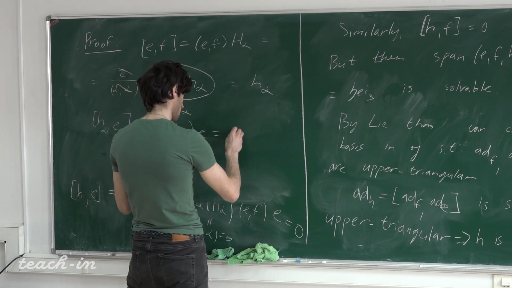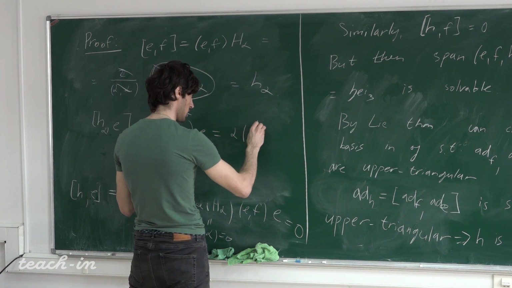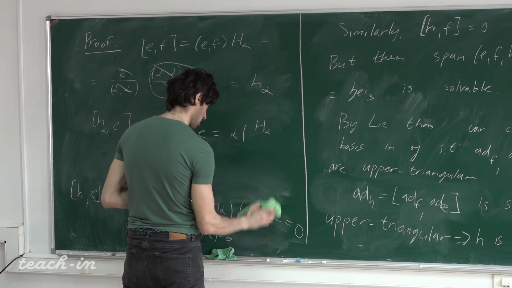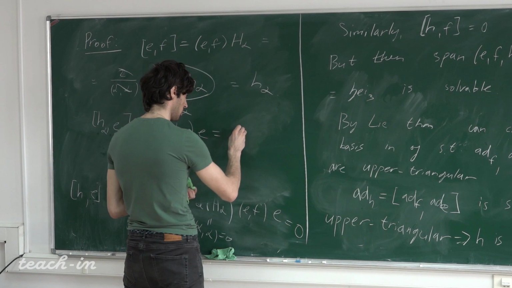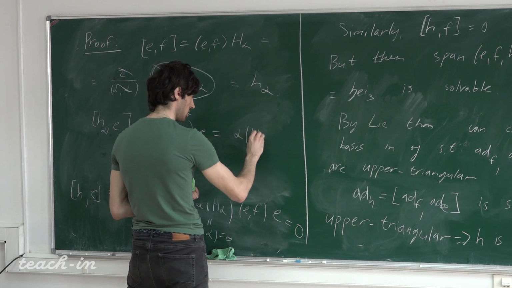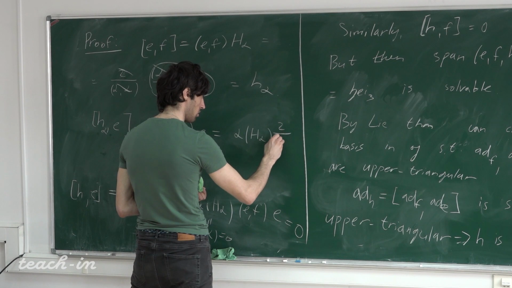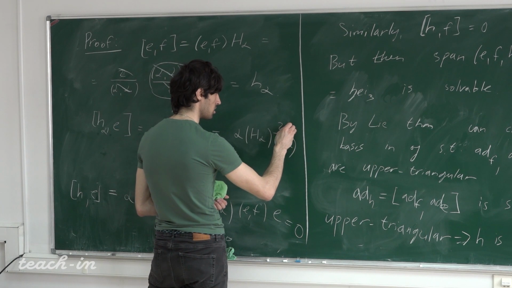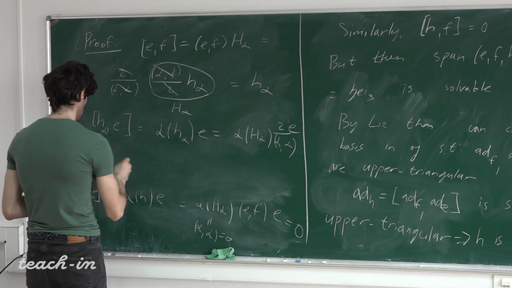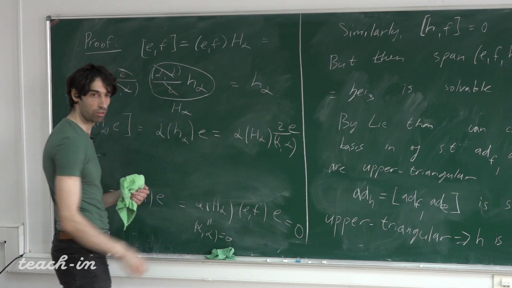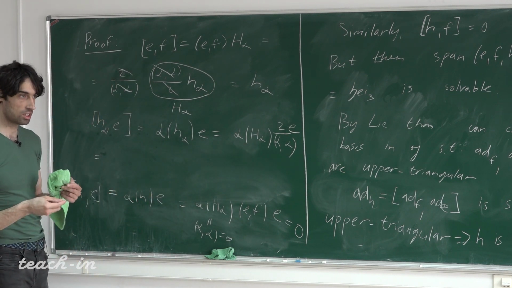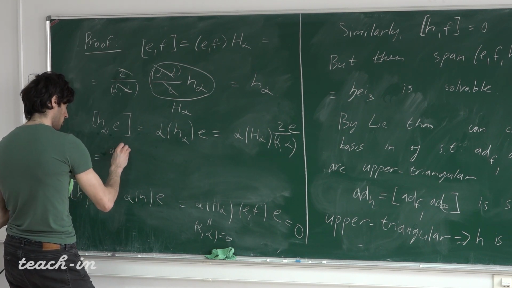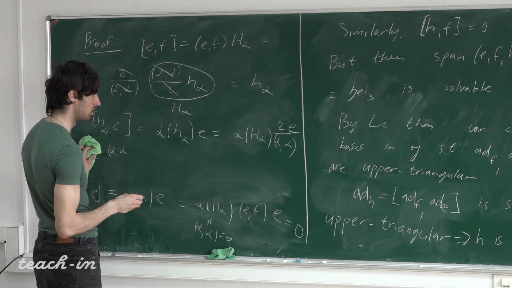So this will be alpha of H capital alpha, and the constant, 2 over the norm, times E. Alpha of H capital alpha is actually the norm, alpha with alpha.